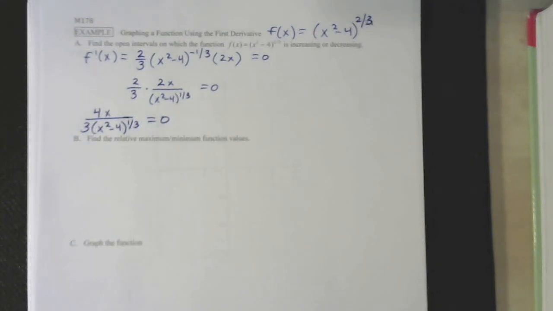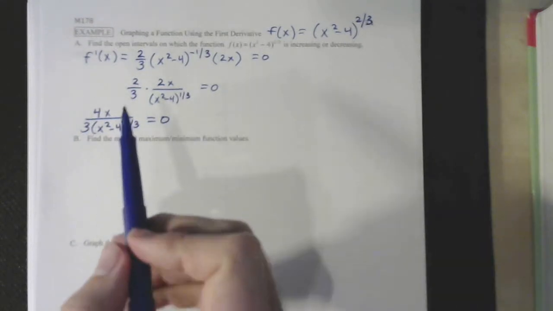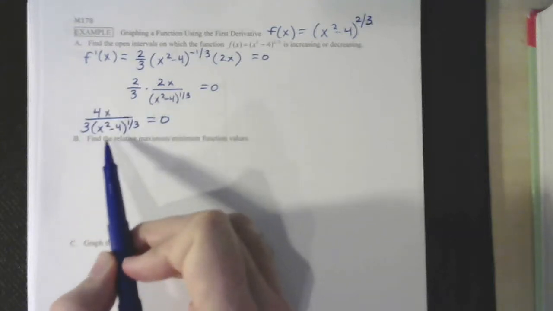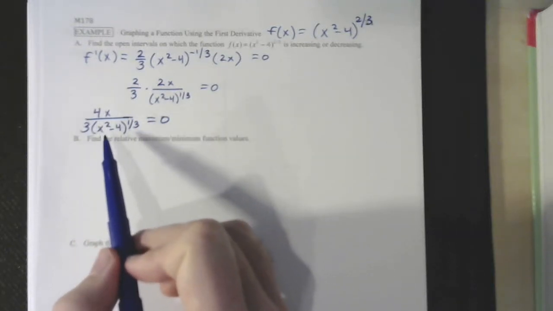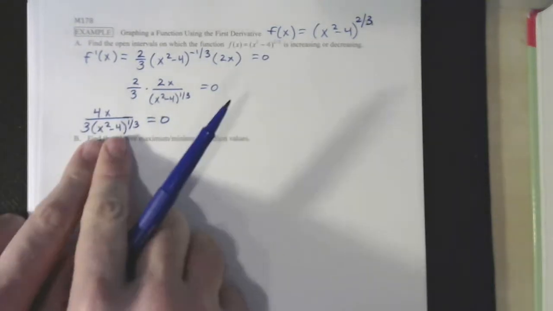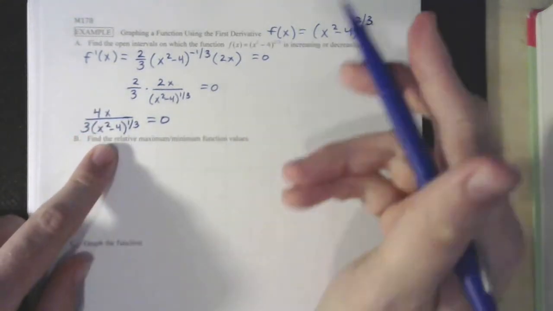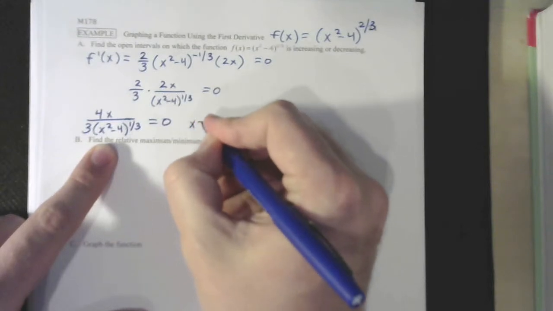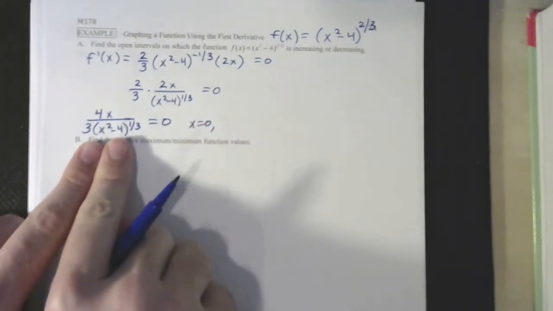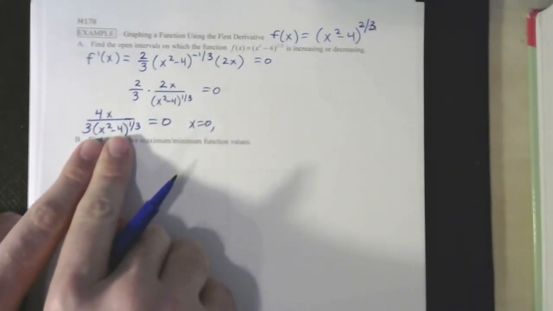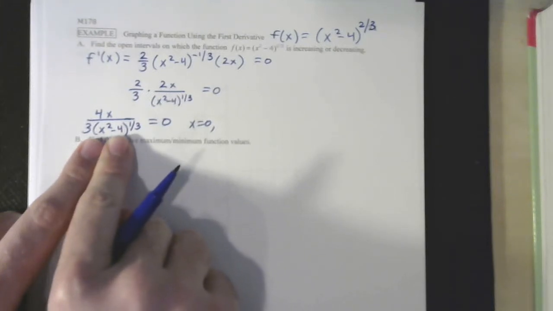And so we're looking for critical numbers. Remember, critical numbers are where our derivative as a function equals 0 or where it's undefined. So we know as a fraction, this will only equal 0 when the numerator equals 0. So this equals 0 at x equals 0. And then its critical numbers, where it's undefined, are where the denominator equals 0.